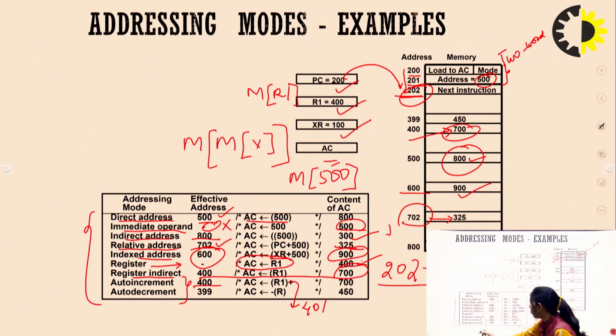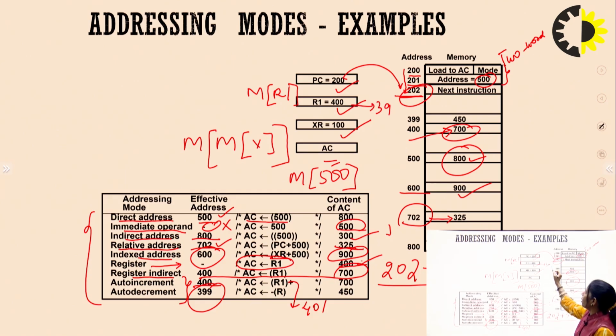But in case of auto decrement, first of all, the register value will be decremented. So this register value will be decremented to 399, and then whatever value is stored at the decremented value of the register, that is 399, we will search for this. 399 is having 450 value. So this 450 value will be brought to the accumulator. This will be the content for the accumulator.